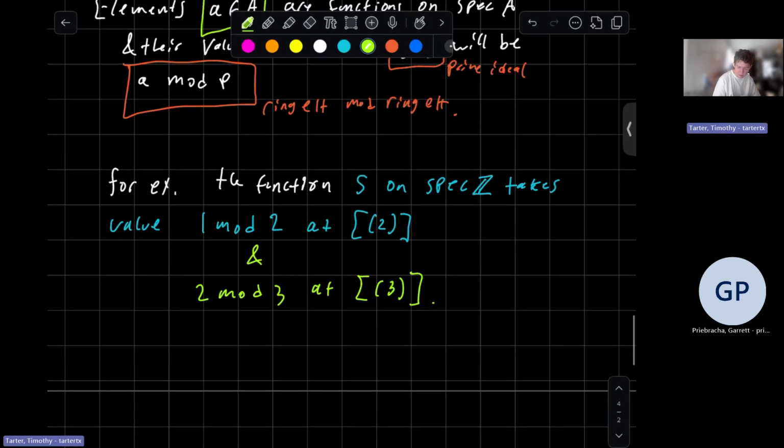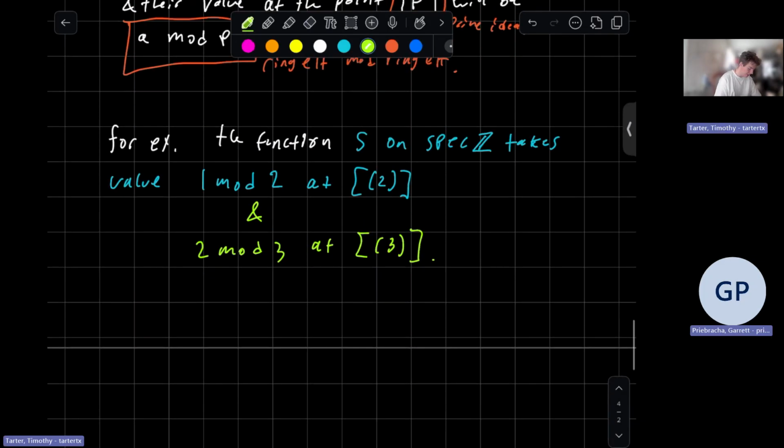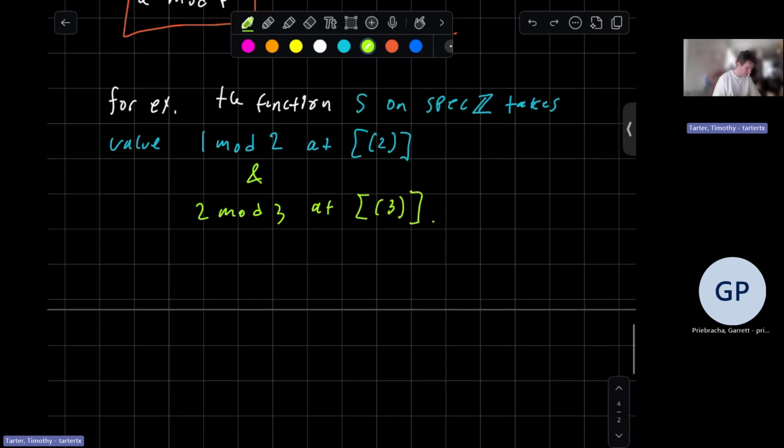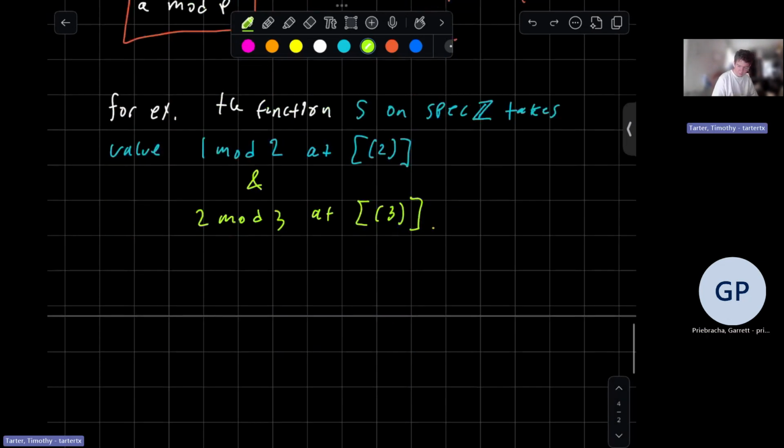So this is an example of number rings, but basically taking different prime ideals from spec Z and evaluating ring elements on them comes by this modular thing. Okay.